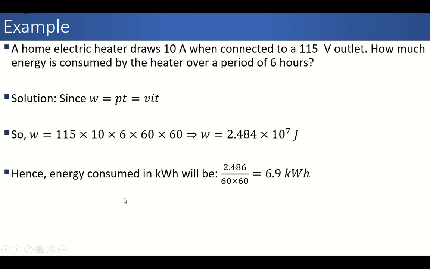If we want to convert that energy into commercial units, that is into kilowatt hours, we simply divide by 60 into 60. So this is 6.9 kilowatt hours. So that heater, if operated for 6 hours, will consume 6.9 units.